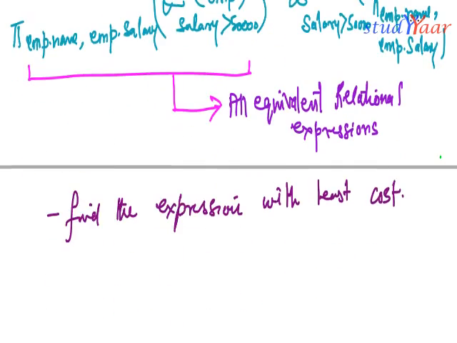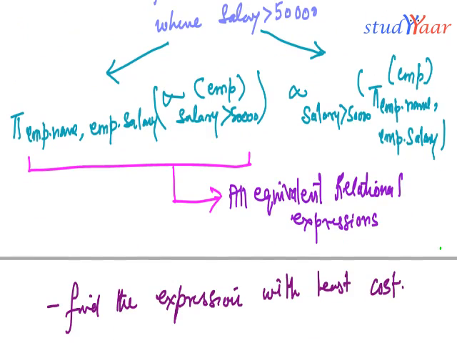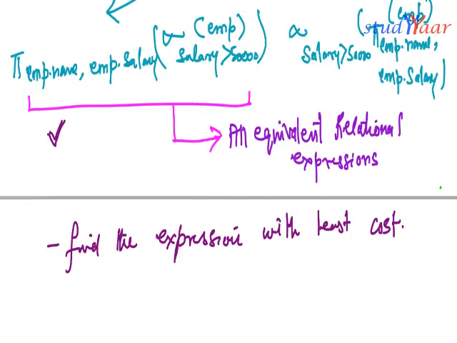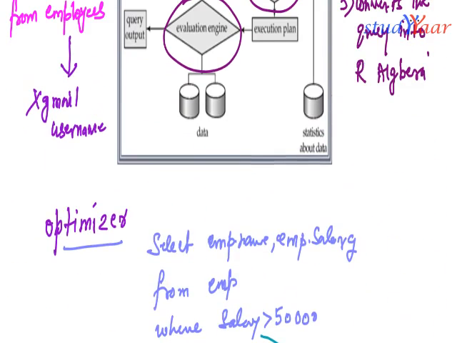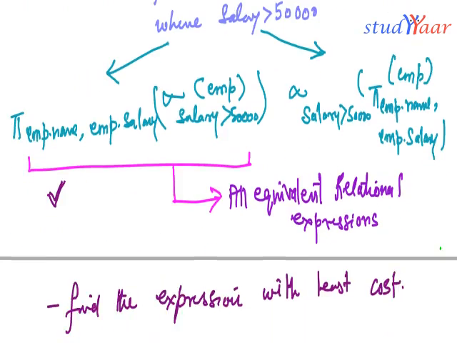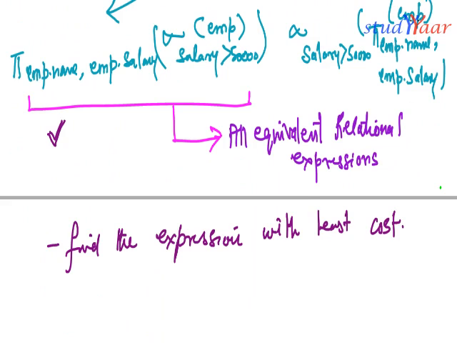Okay, so let's suppose I assume that this is the way to do my query. So how would I tell my next unit that you should create an evaluation plan?